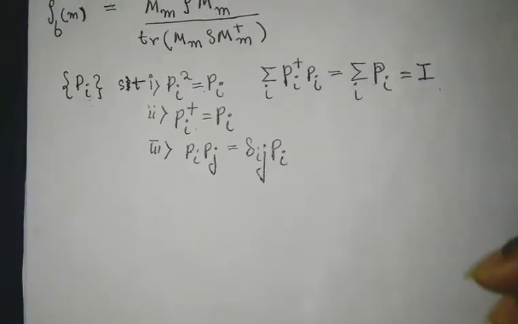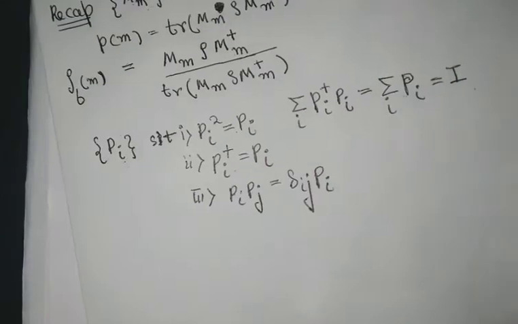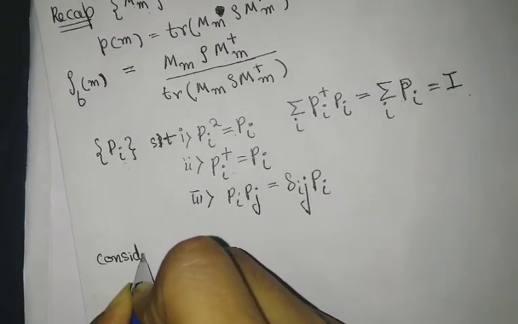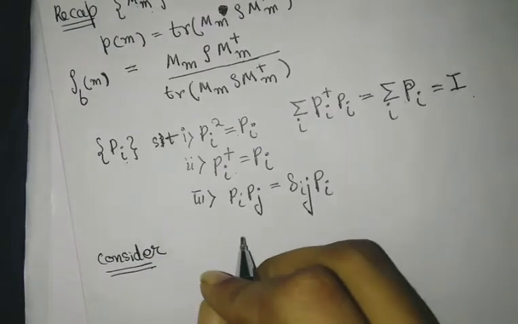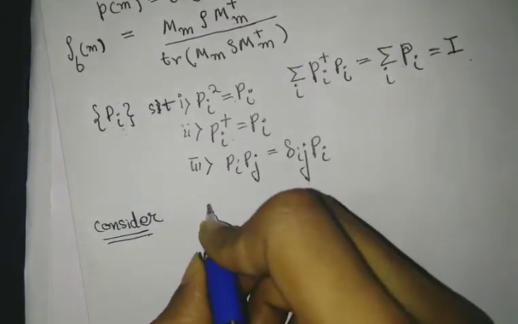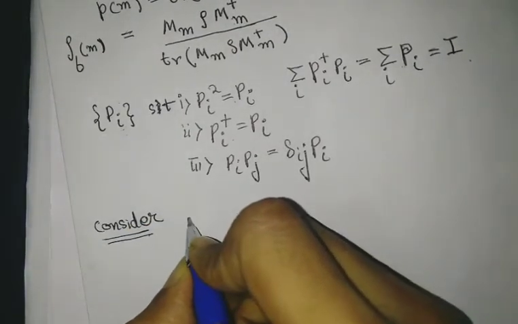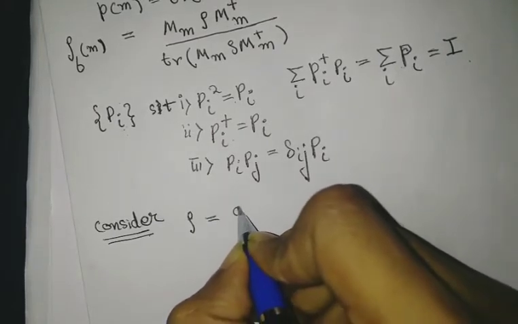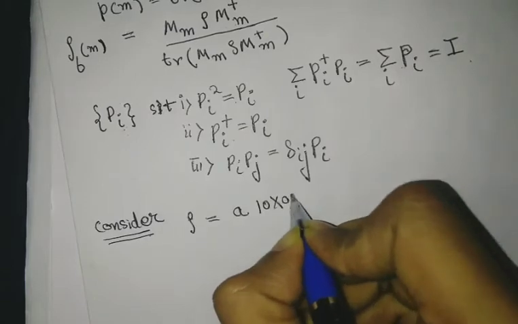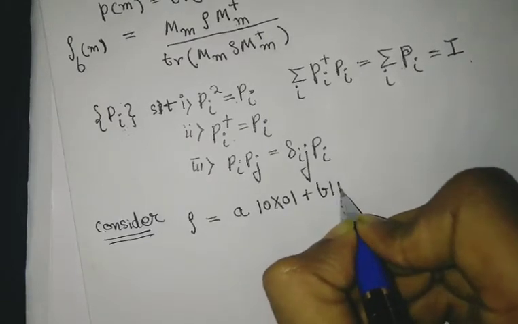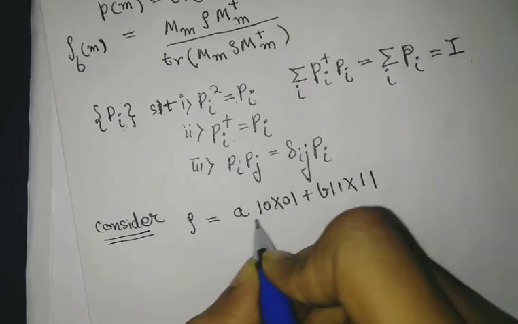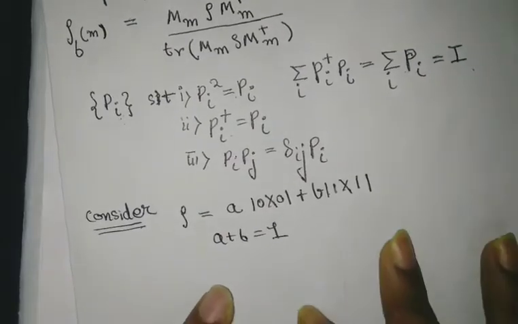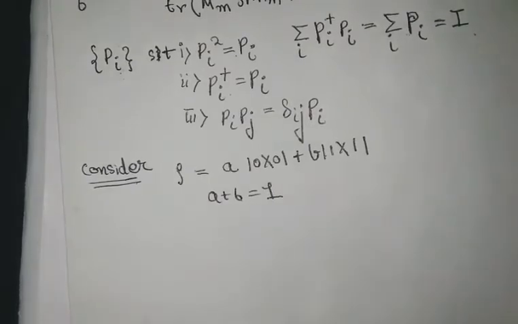So let's look at one of the examples. Consider a matrix rho such that it is A|0><0| plus B|1><1|, such that A plus B is equal to 1. So this is a density operator.